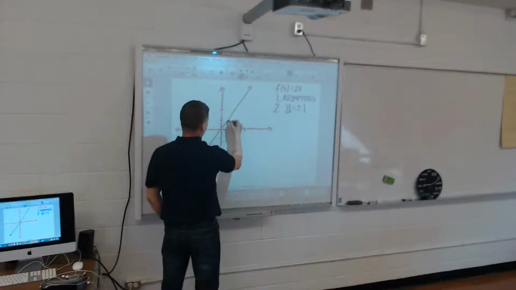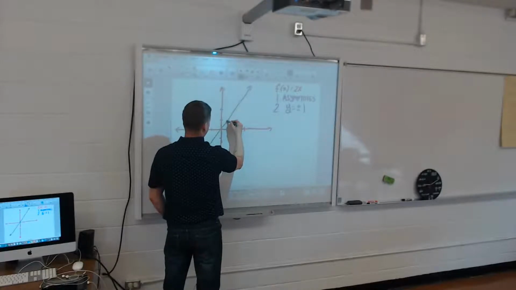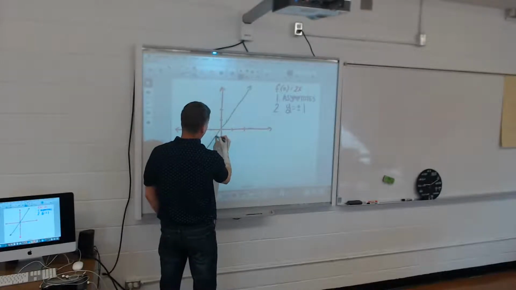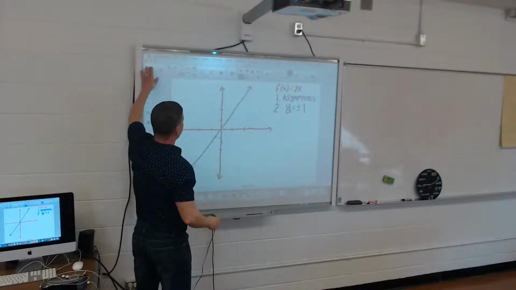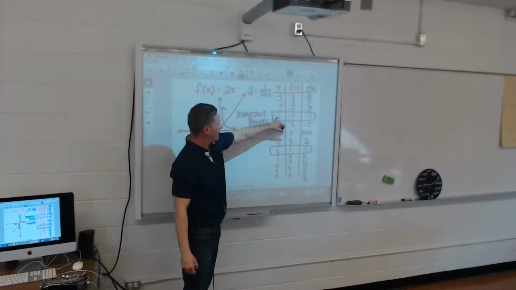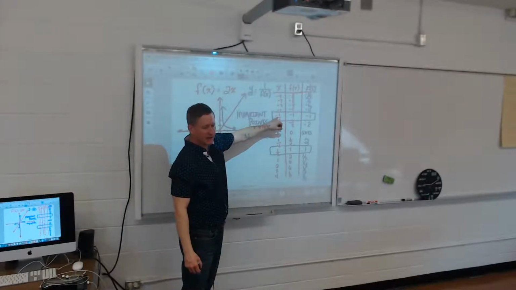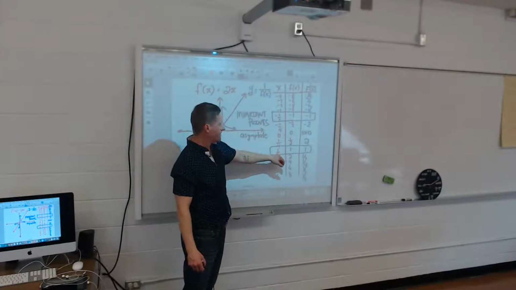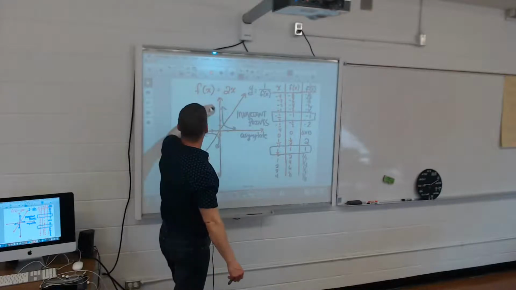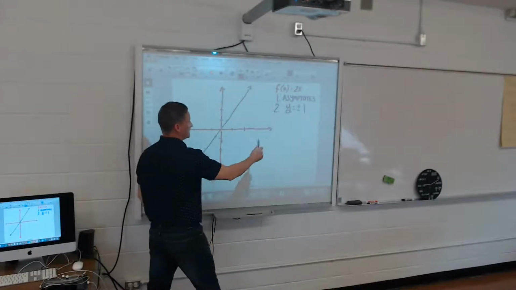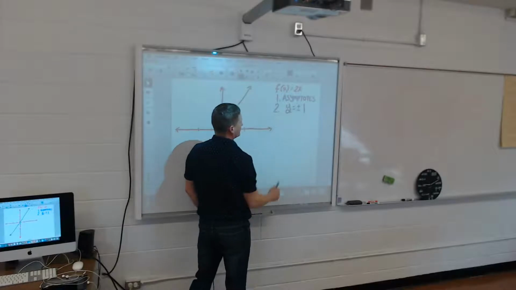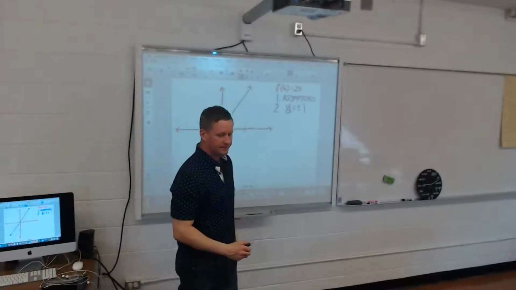So y equals 1 right here. Y equals negative 1 right there. And if you recall from this graph, that's when x is equal to negative 1/2 and x is equal to positive 1/2.